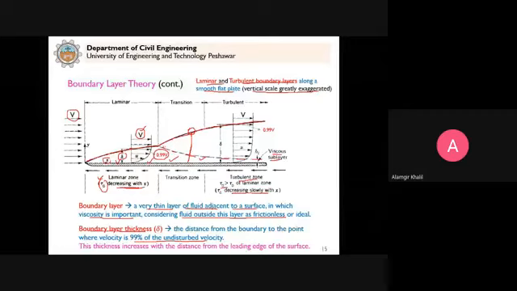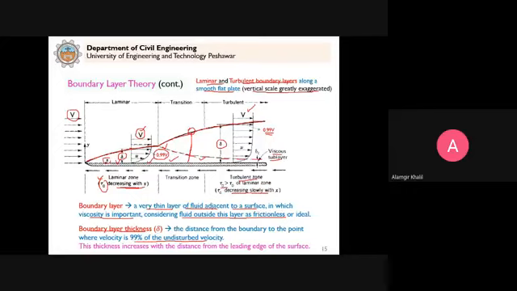This is a definition which is adopted and given in fluid mechanics books: the thickness of the boundary layer in laminar flow or in transition flow is from the surface to the point where the velocity is 0.99 times the velocity of the free stream.